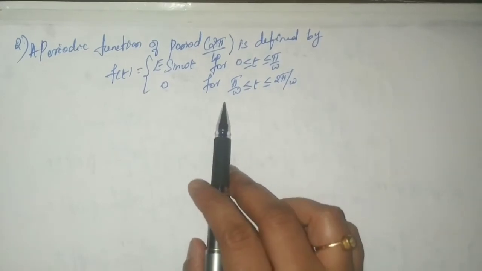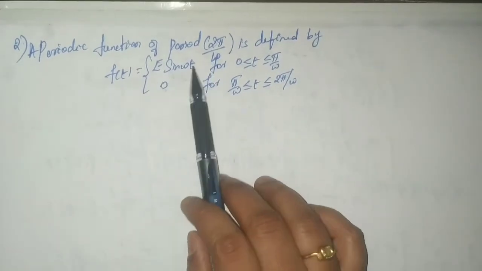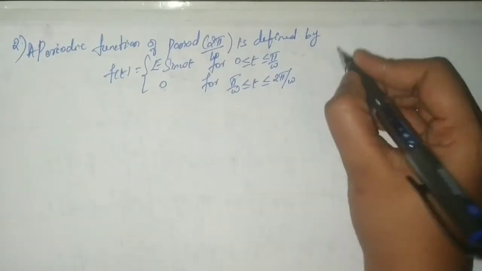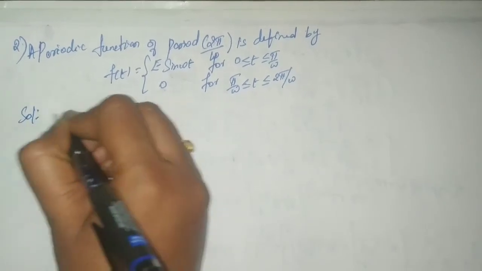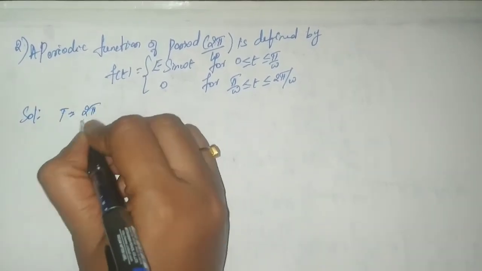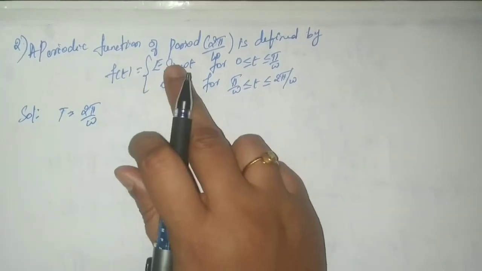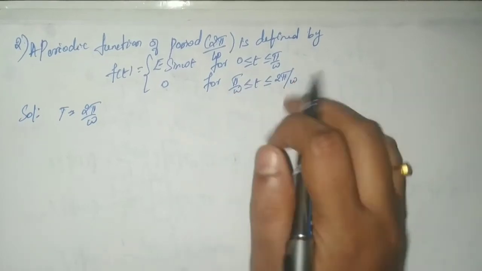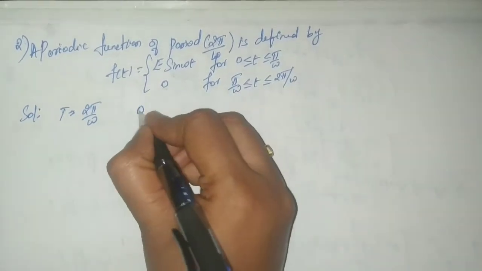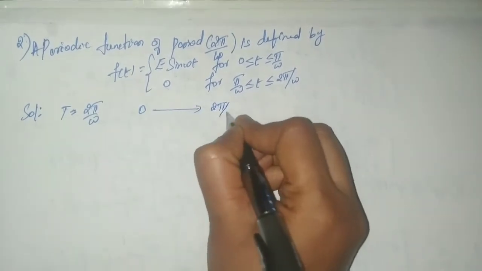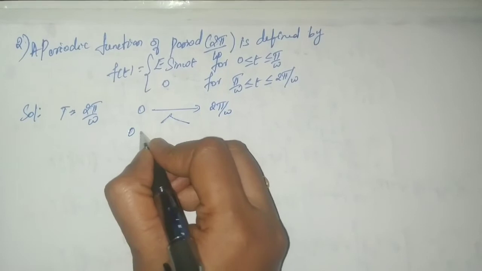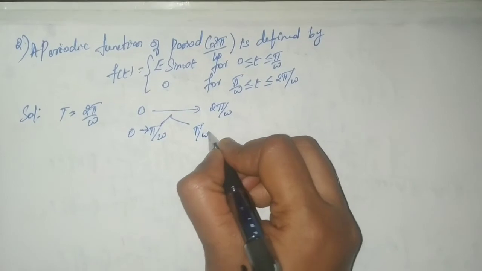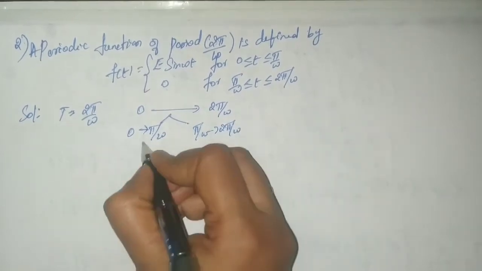So let us consider one more example pertaining to periodic functions, most of the time asked in university papers. Here they have clearly given the period, T is equal to 2 pi by omega, and you can see the function is split into 0 to pi by omega and pi by omega to 2 pi by omega.